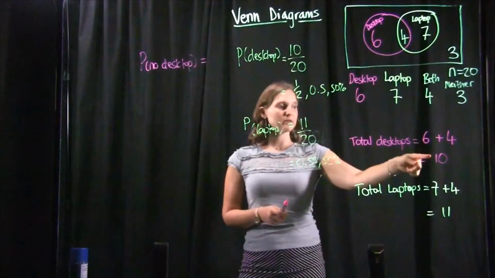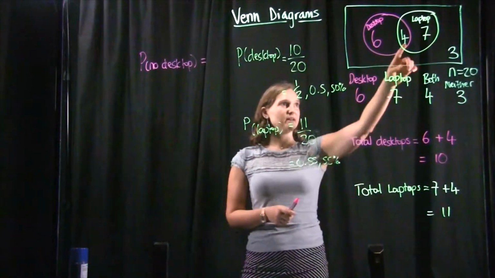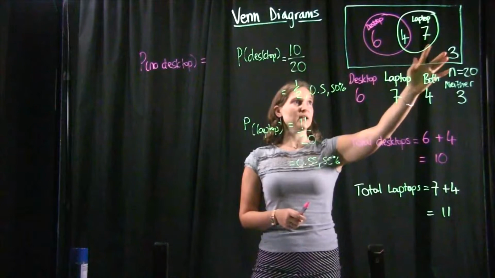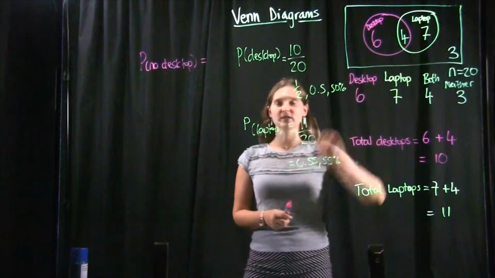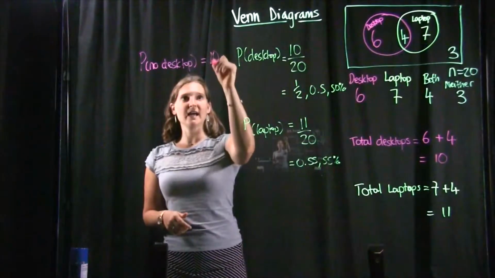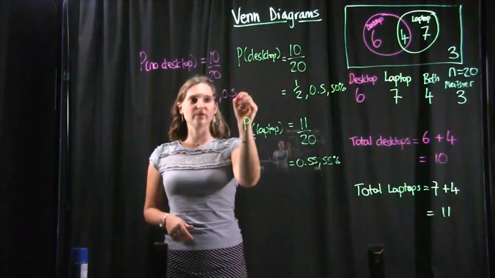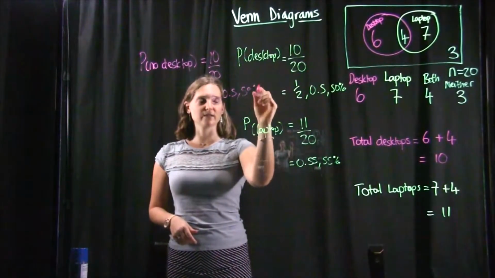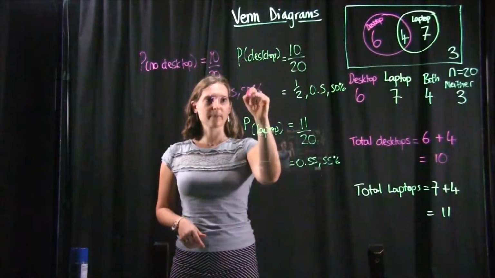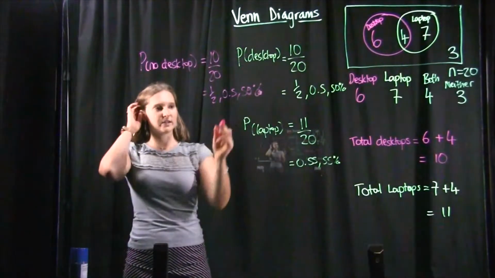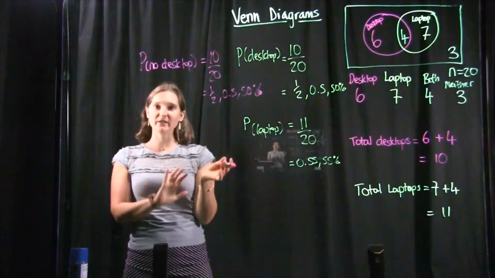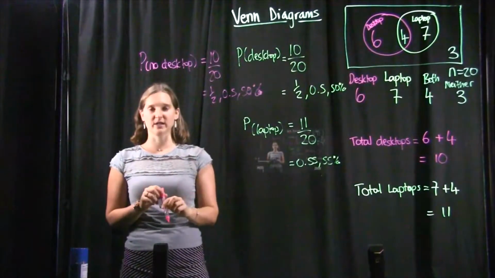We know that if 10 people did have a desktop, then we have a 7 and a 3. So these people did not have a desktop. So we know we've got 10 over 20. So again, a half, 0.5, or 50%. So it's half a chance of them having a desktop, half a chance of them not having a desktop.